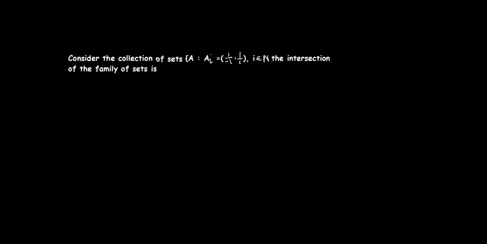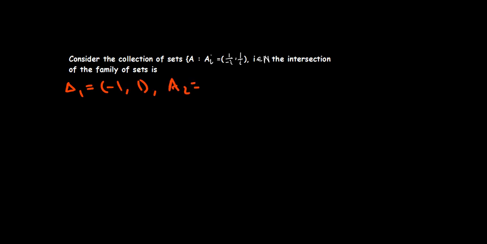If we continue with the same, we know that A1 is equal to negative 1 comma 1, and then we have A2 to be negative half comma half, and then A3 to be negative 1 over 3 comma 1 over 3 like that, and this continues up to infinity.